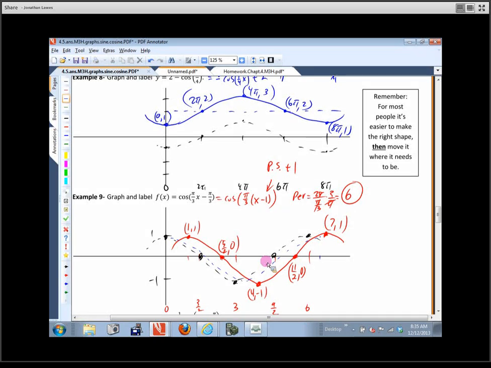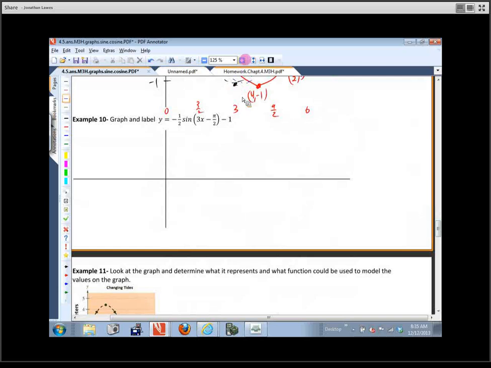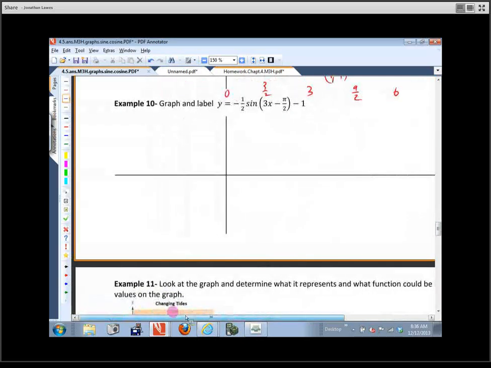Now, take a look at this last one on this page. Is there anything wrong with this? It's not factored. So the first thing we're going to do, and I'm going to erase that so I've got a little bit of room, the first thing we're going to write is -1/2 sine of. I'm going to take out a 3. So the 3 comes out front.